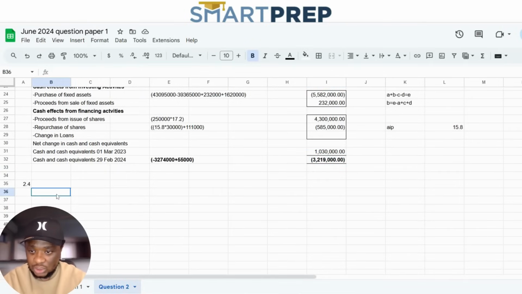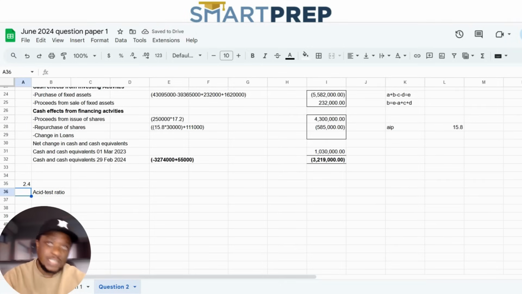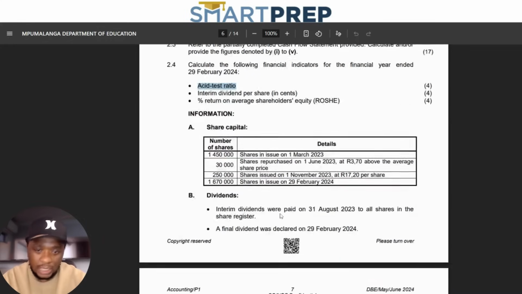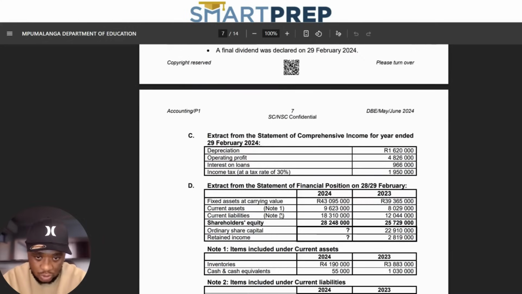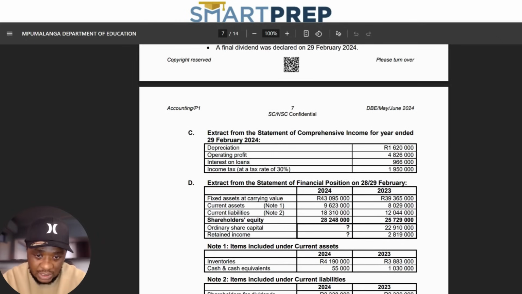So for the asset test ratio, we know that we'll take current assets minus our inventory. So let's have a look at our current assets first. Current assets, we got 9,623,000, and then we need to subtract what belongs to inventory. Inventory of those current assets is 4,190,000.